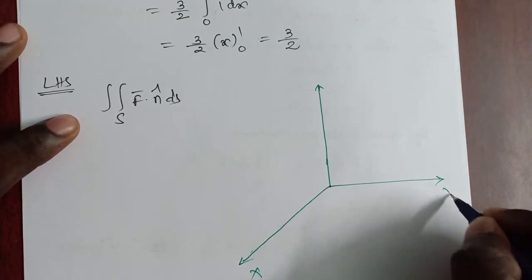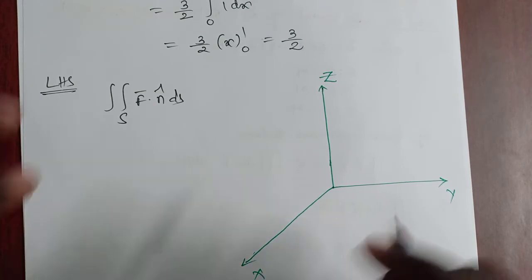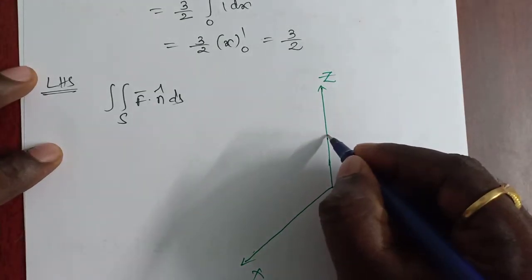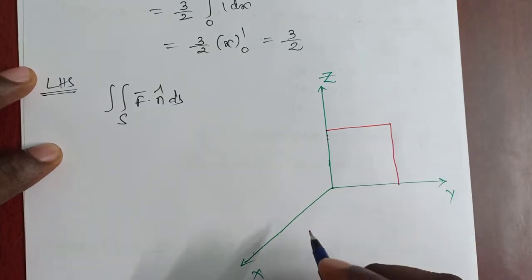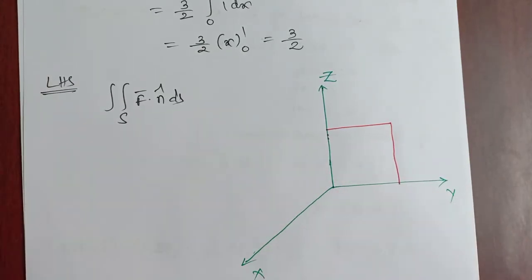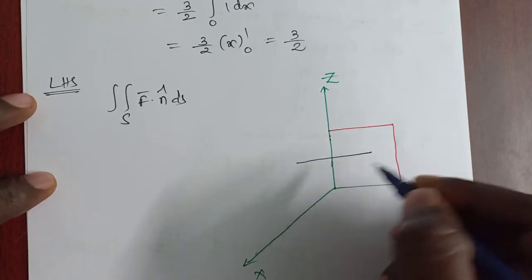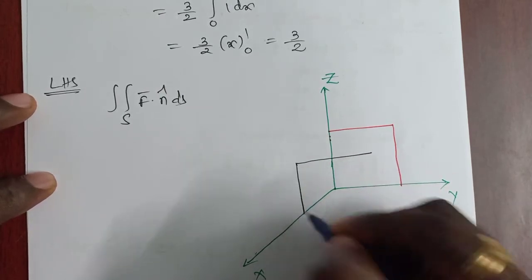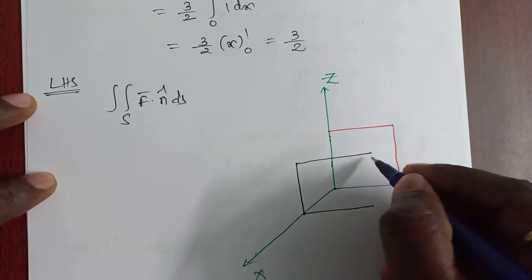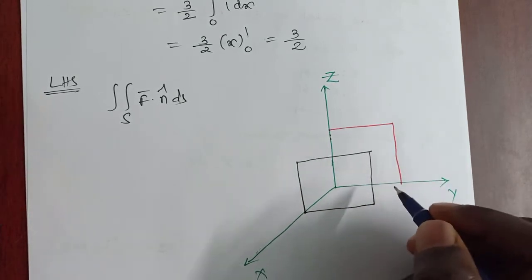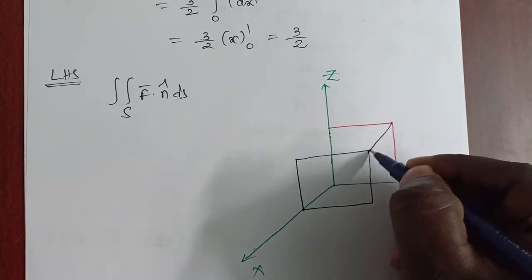So x, y, z. So clearly this is the cube.